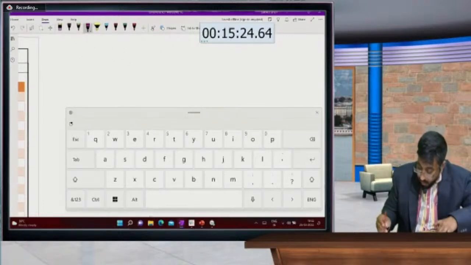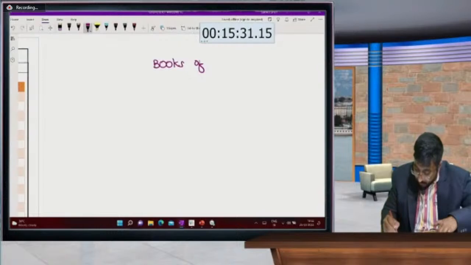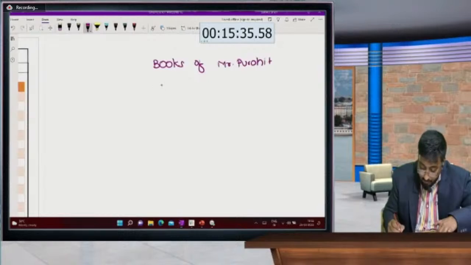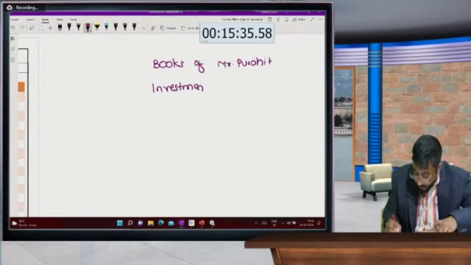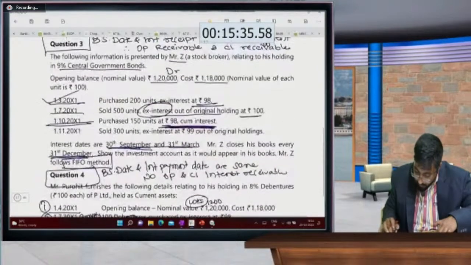Yes, what are you going to write? Books of. Yes, tell me the name of that person, the investor. Mr. Purohit. Yes, Pratham. Investment in which debentures? Investment in what? 9%?